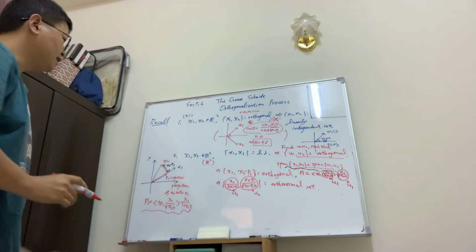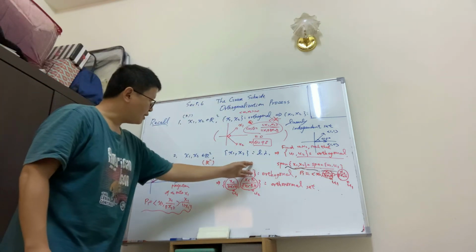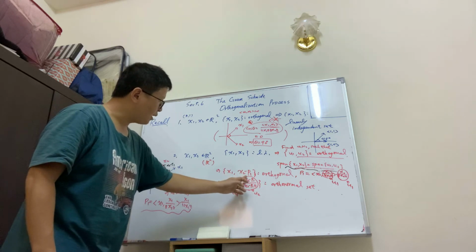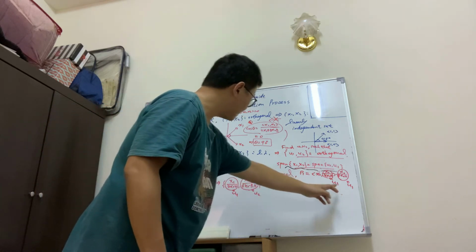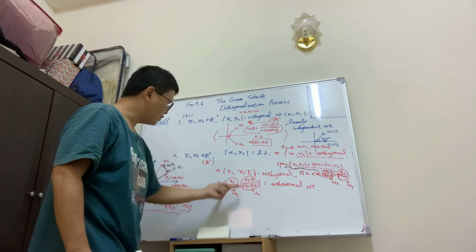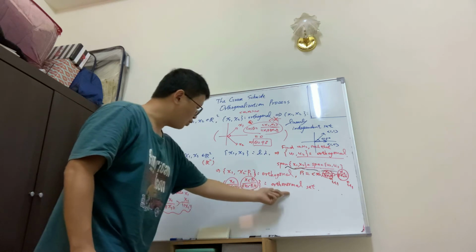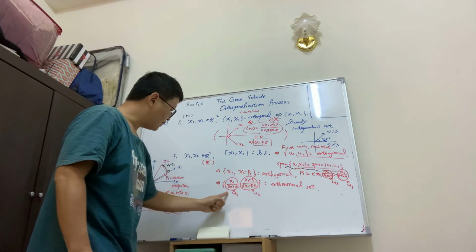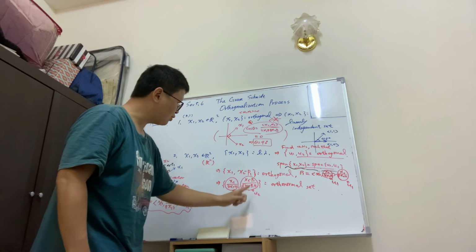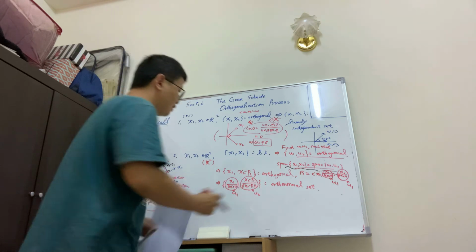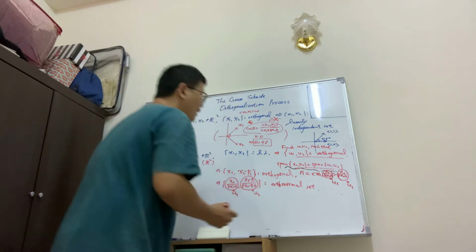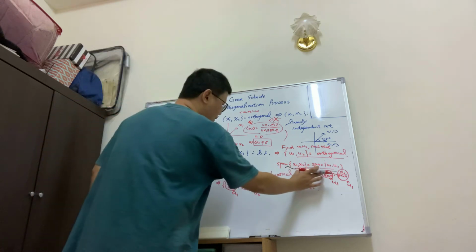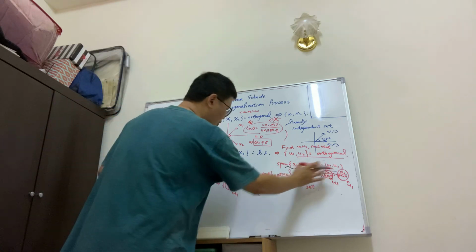So x1, x2 are linearly independent, x2 subtract P1, where P1 is this vector, they are orthogonal, and we divide by its length, so they are also normal. The first vector we denote by U1, the second vector by U2. Now we want to expand this: the spanning set of x1, x2 equals the spanning set of U1, U2.